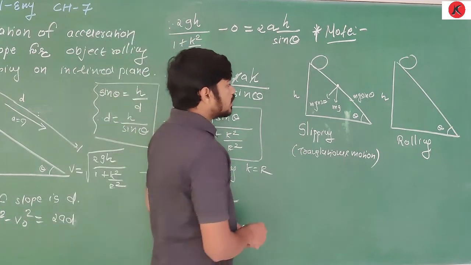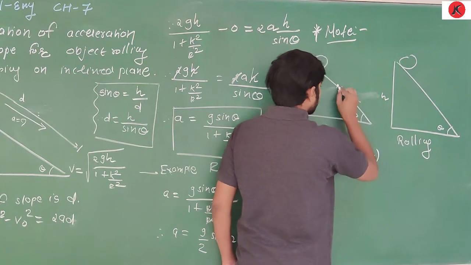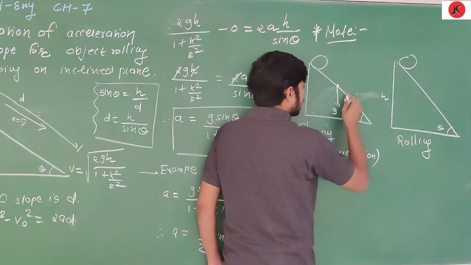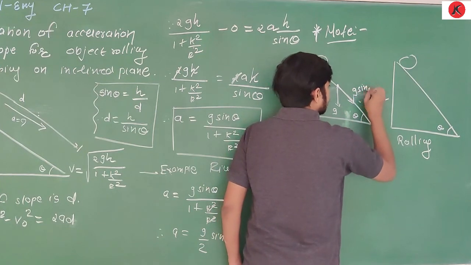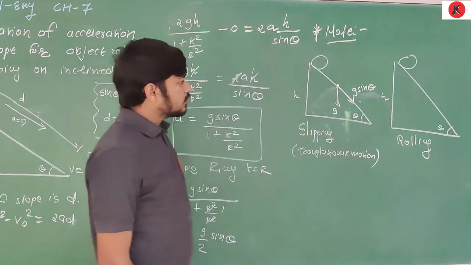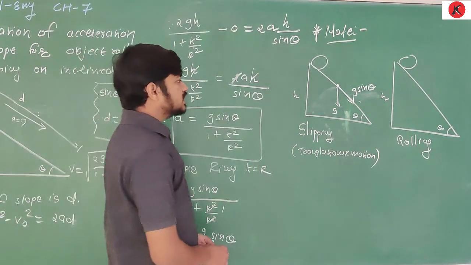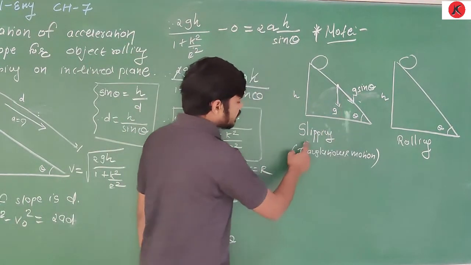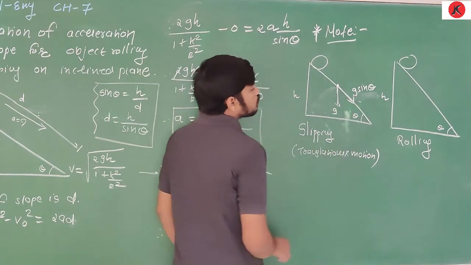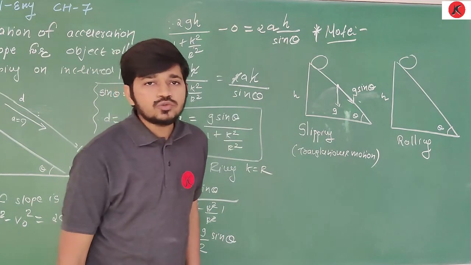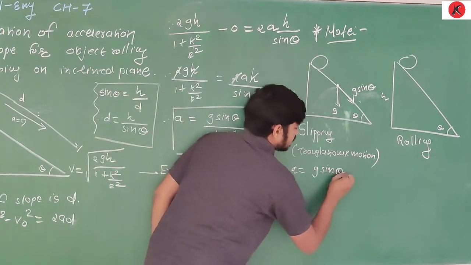So what about acceleration? Parallel to the slope, the acceleration is g sin theta. So in case of slipping, that is for translational motion only, the acceleration a parallel to the slope is g sin theta.